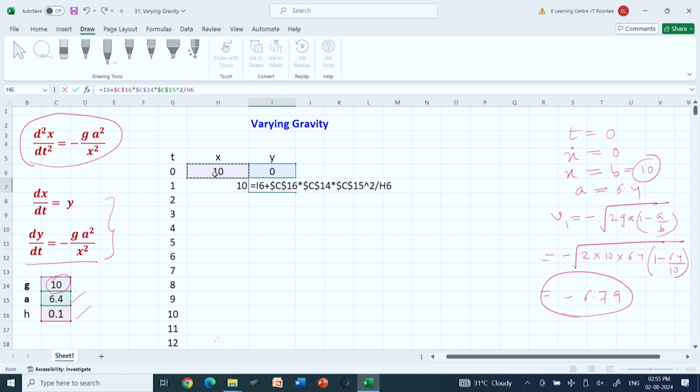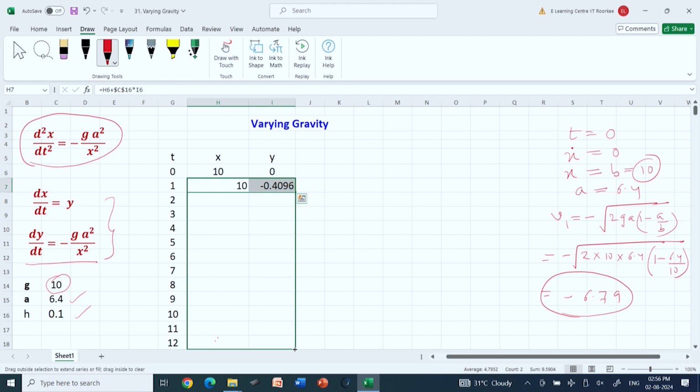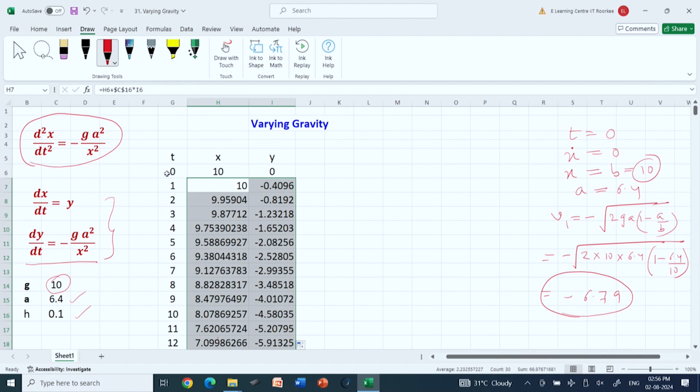So, this 10 square is in a bracket, multiplied by h, and this is with a negative sign. So, let us now drag and calculate the values.